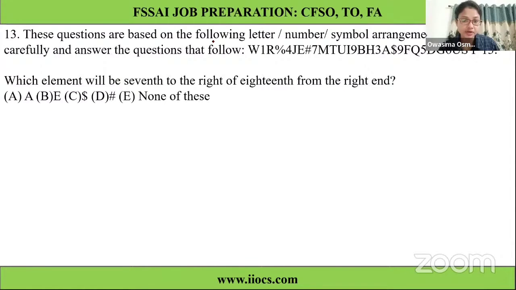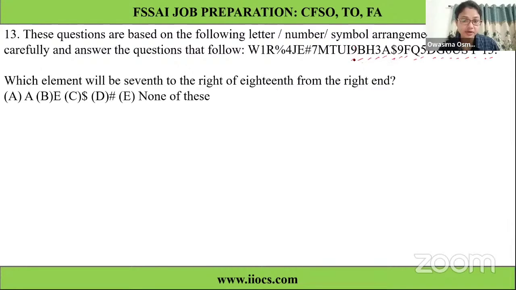Next, these questions are based on the following letters and numbers. So here is the series they gave you. Which element will be 7th to the right of the 18th from the right end? So what is the 18th term? 1, 2, 3, 4, 5, 6, 7, 8, 9, 10, 11, 12, 13, 14, 15, 16, 17, 18.